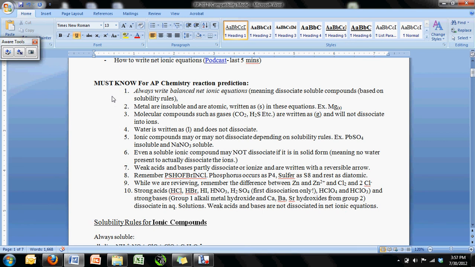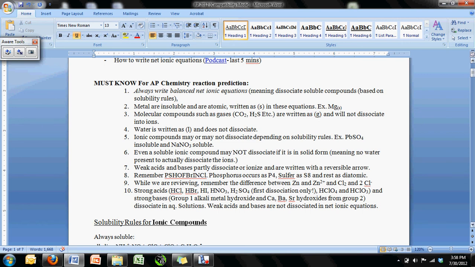So I have put them as bullet points here. First thing, you always need to write balanced net ionic equations for the AP chemistry exam, meaning dissociate everything that is dissociable based upon solubility rules or based upon whether it's a strong acid or a weak acid, and do not dissociate what cannot be broken, like precipitates cannot be dissociated.